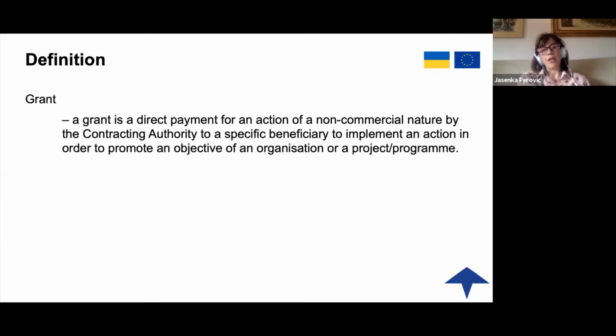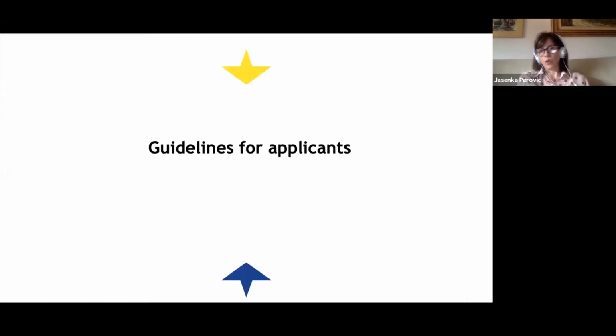A grant is a direct payment for an action of a non-commercial nature that the contracting authority provides to a specific beneficiary to implement an action in order to promote an objective of the organization or any project or program. So I think this is quite self-explanatory.